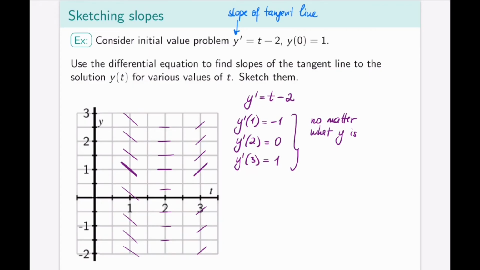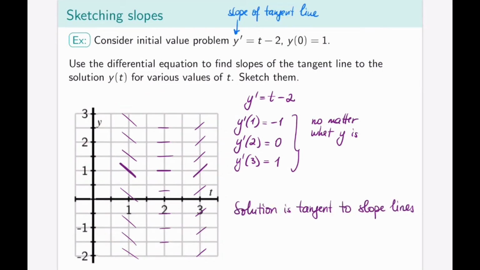So this is great. I now have a little sketch of the slopes of my tangent lines to my actual solution. And the last final key information that I have to remember is that the solution is always tangent to these lines.